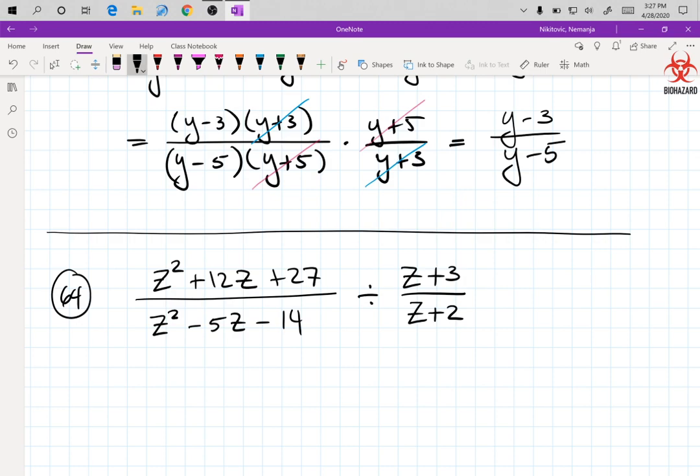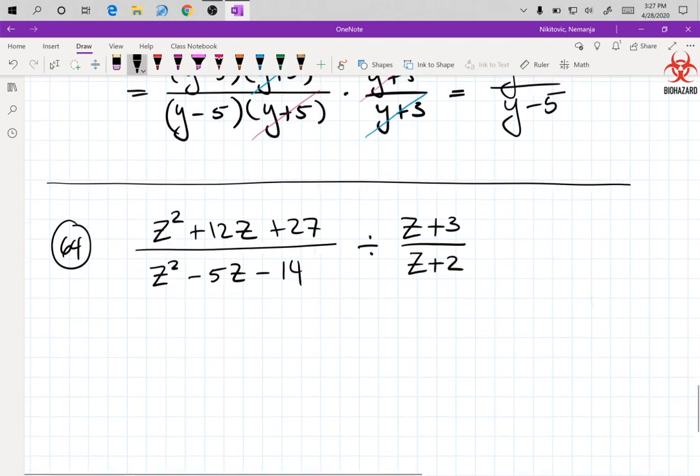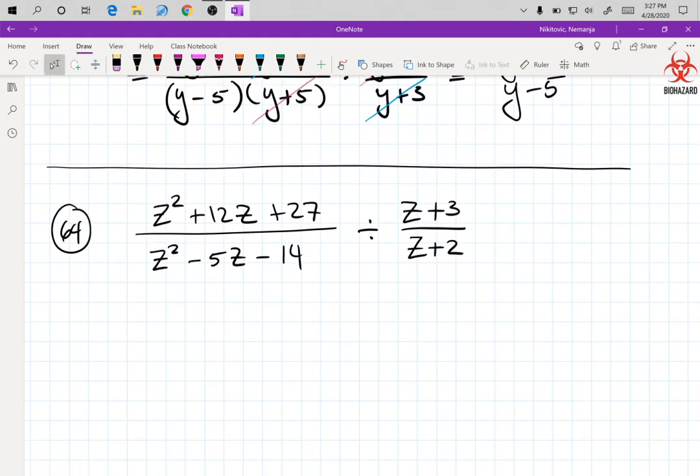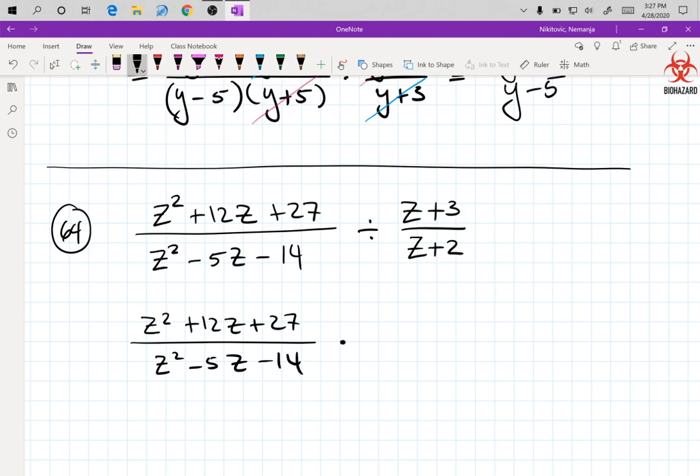So what do we have in this case? Well, the first order of business is to make it multiplication and then just follow multiplication steps, which are factor, cancel, multiply. So we have z squared plus 12z plus 27 divided by z squared minus 5z minus 14 times z plus 2 over z plus 3. You see that's flip, right?